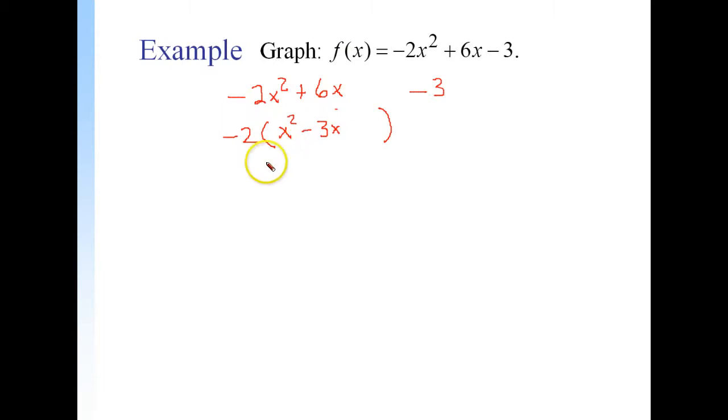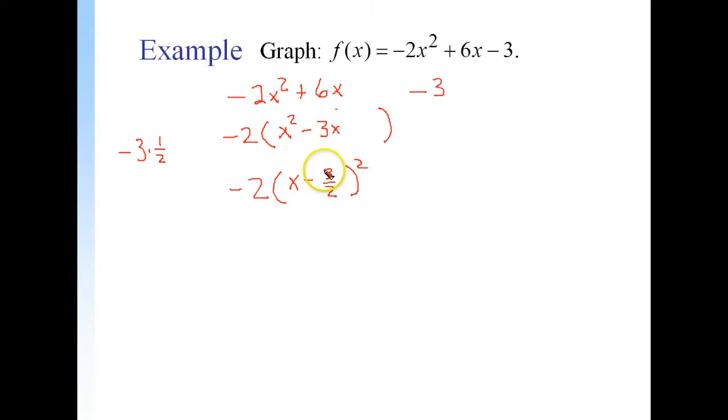Now, because I want to factor that, I'm going to take half of a -3. Let's put the x there first, the minus there, and half of that is going to be a -3/2. There we go.